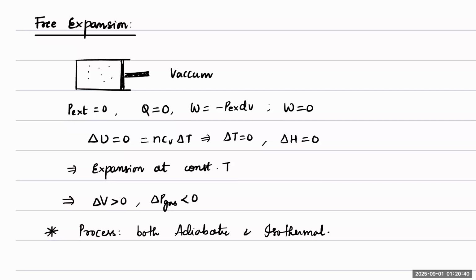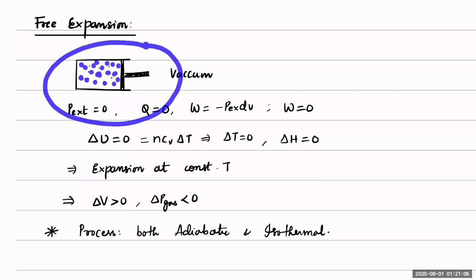Free expansion. The next process itself is called free expansion. See, when we say free expansion, you are keeping an environment in such a way that there is a gas inside this chamber, which is our system, and externally there is only vacuum.